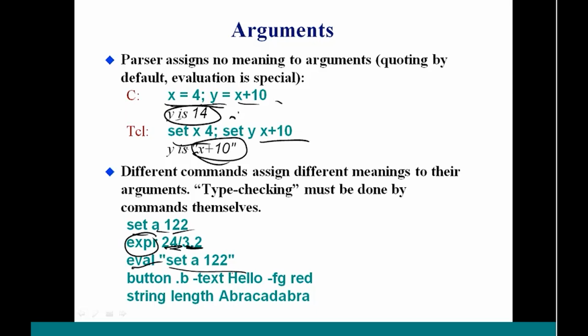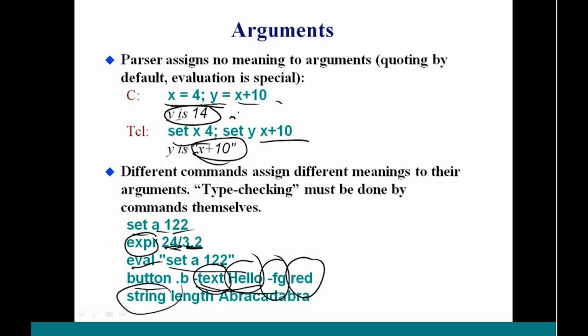Eval has a string as an argument, and in this example, button.b has many arguments actually. So button.b has -text as an argument, hello is an argument, -fg is an argument, and red is an argument.